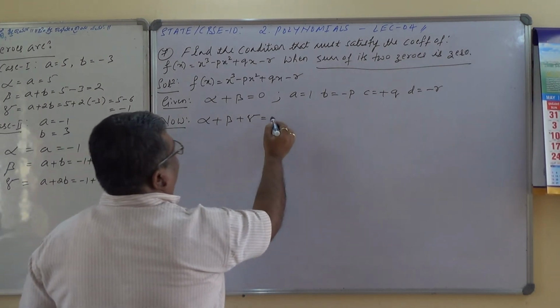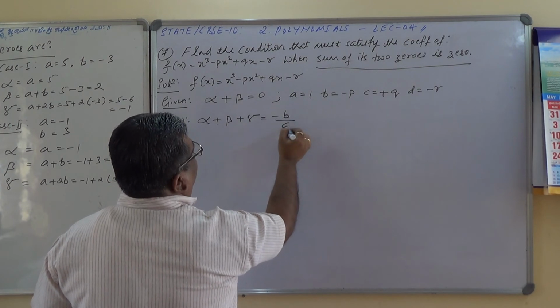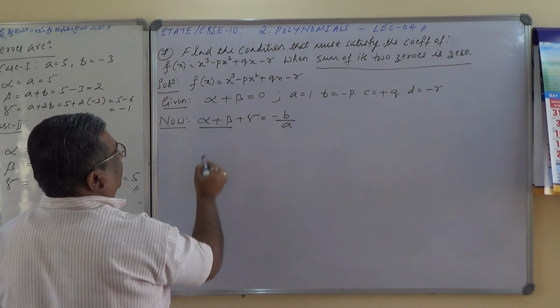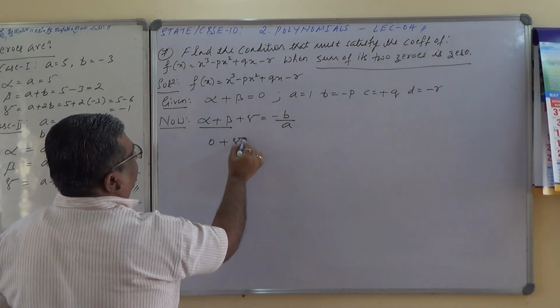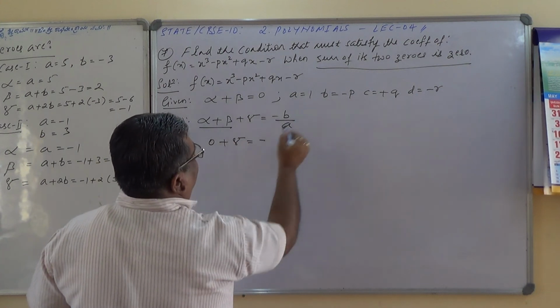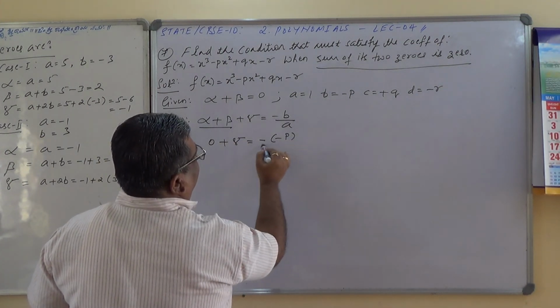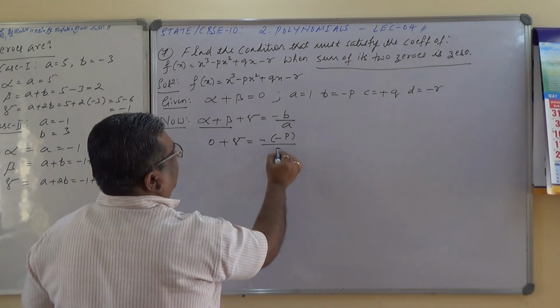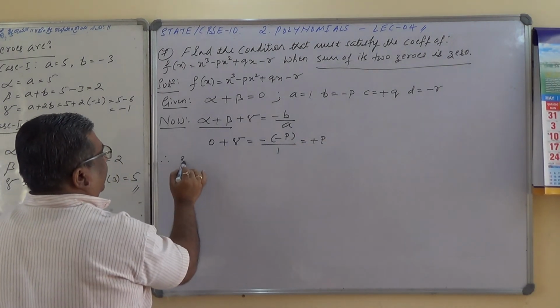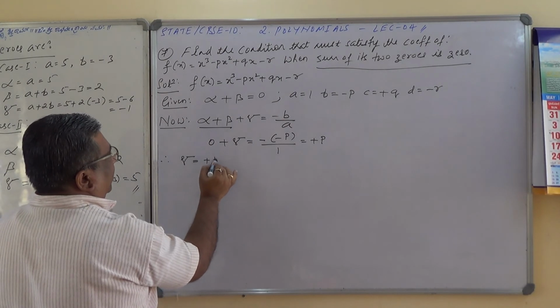Alpha plus beta plus gamma equals minus B by A. What is alpha plus beta? This is 0 here. 0 plus gamma equals minus of B, which is minus P, divided by A, which is 1, which is plus P. Therefore, we got gamma as plus P.